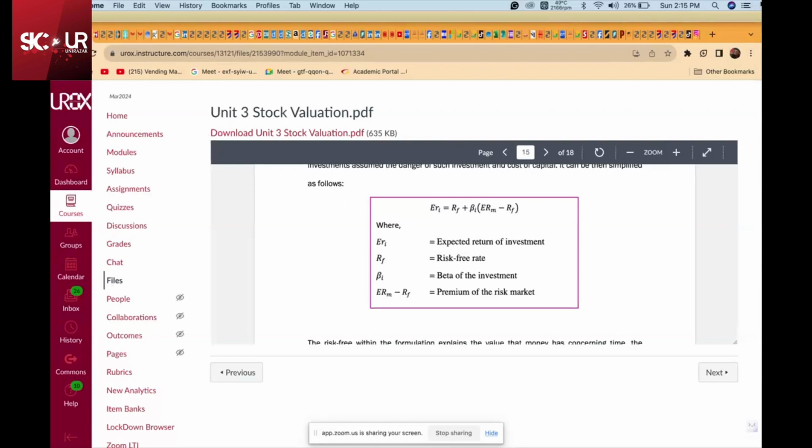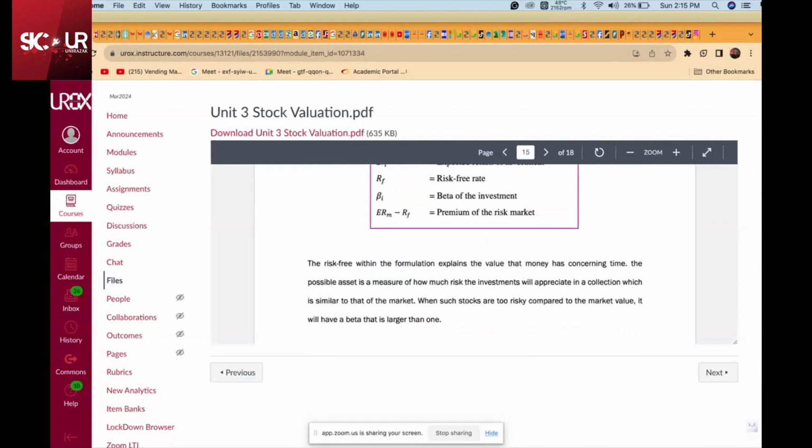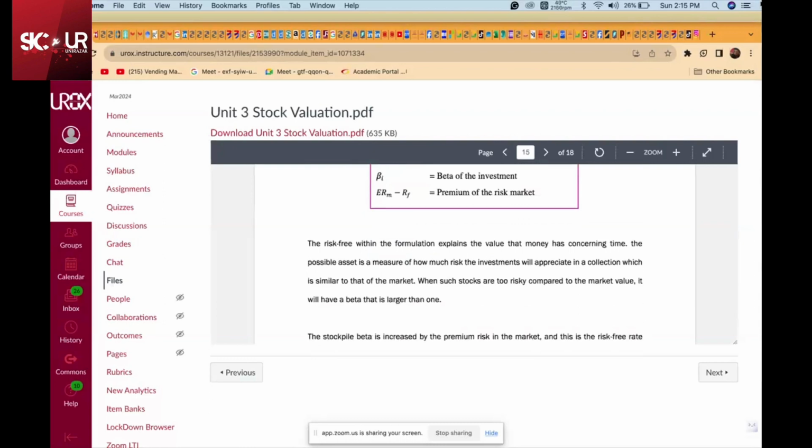This is quite difficult to use unless we have the market data on beta and so on.